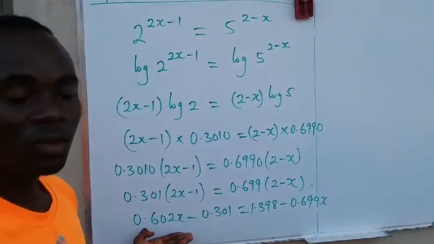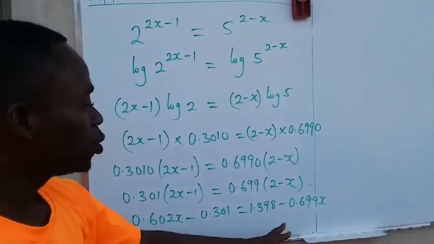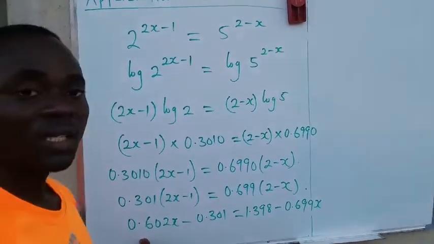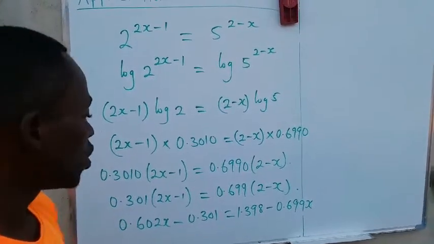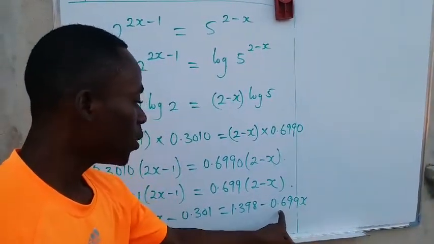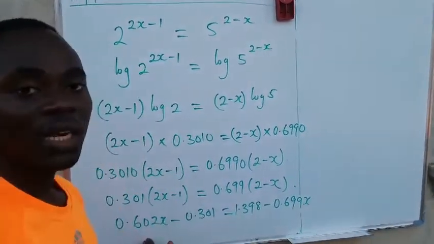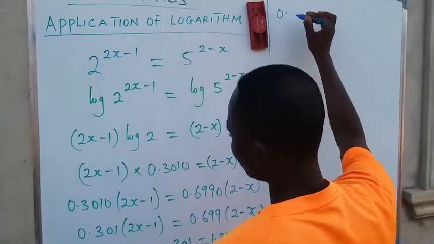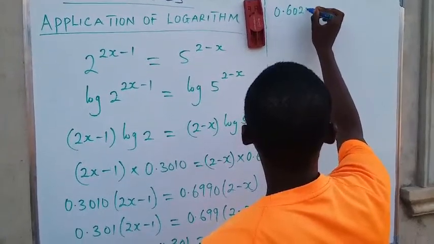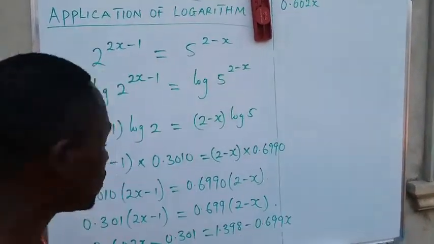are on the same side so we can be able to simplify. So I'm going to move all the terms in x to one side of the equation and the terms without variables to the other side of the equation. So if I'm going to move this 0.699x to the left hand side, then I'm going to have 0.602x, which was originally on the left hand side.